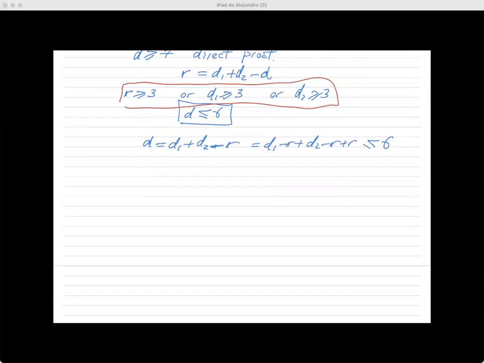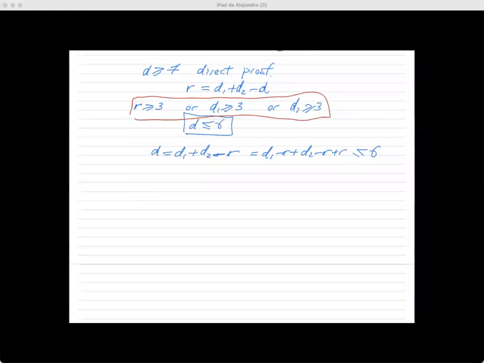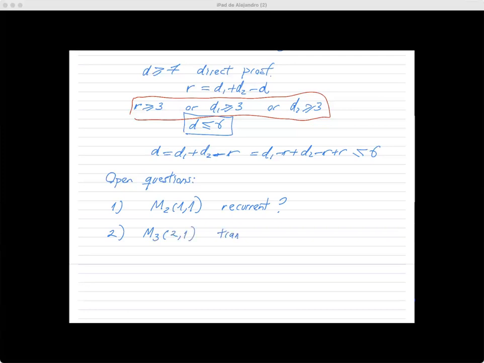Now there are many open questions about this model. I will mention some of them here. The first one, which is still open, is whether or not the 2-dimensional model, the random walk, is recurrent. Another one, which is still open in dimension 3, is whether the 2-1 case is transient.